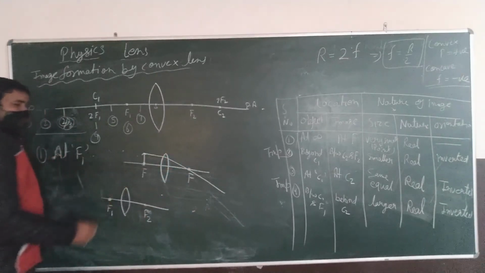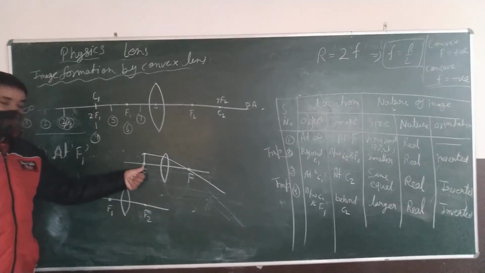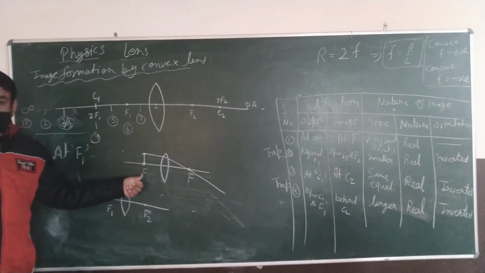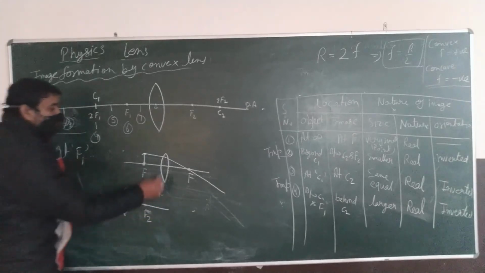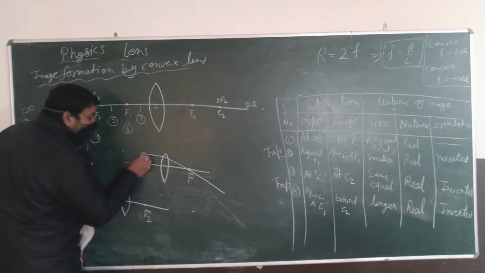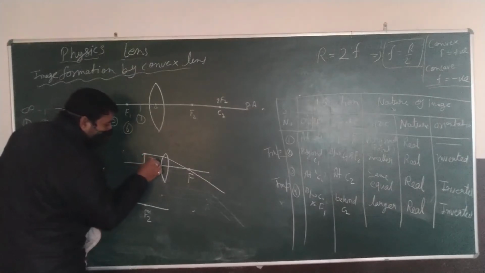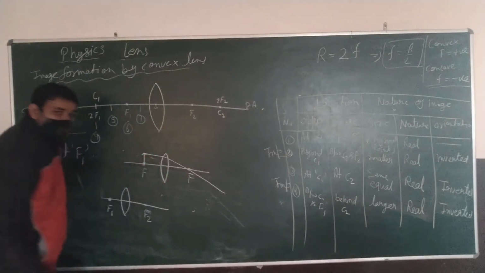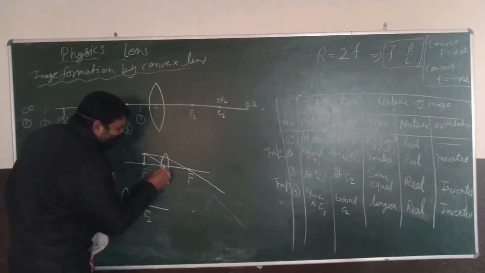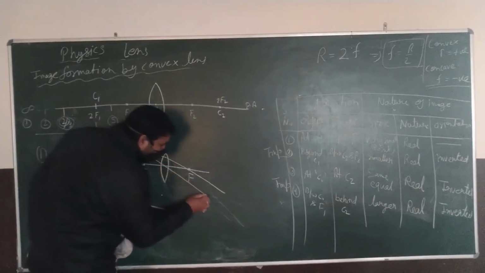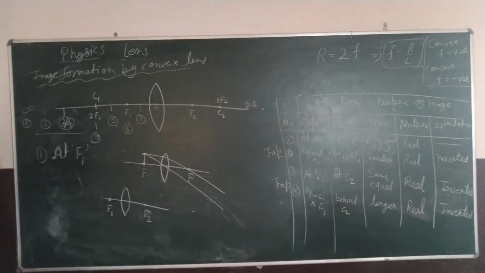Next, we cannot take the image from F2. So we can assume that one ray is passing through the optical center. Clear or not? When it is passing through the optical center, it will not deviate from its path.